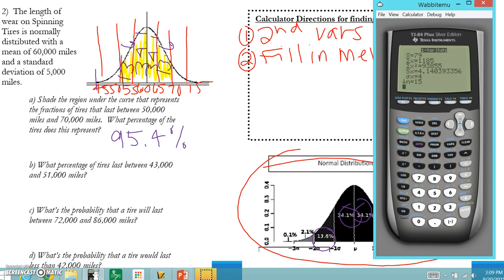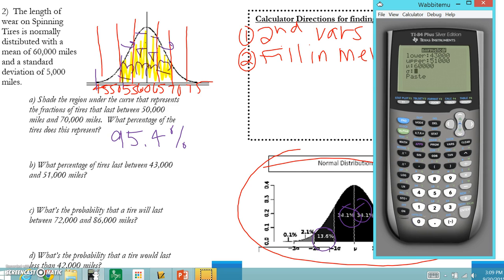I grab this, I hit second, and vars is right next to clear 2. It gives you this menu: lower, upper, and then the mean and the standard deviation. So the lower would be the smaller of the two, so 43,000. And the upper would be the bigger number, so 51,000. The next one stands for mean, and they give that to us, 60,000.